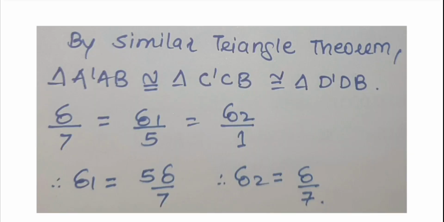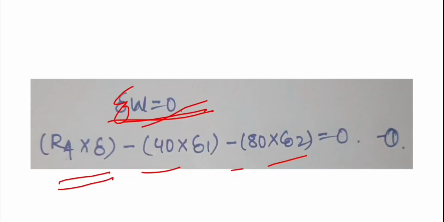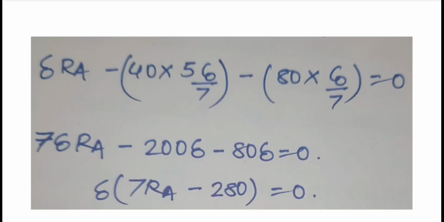But we know the values of delta 1 and delta 2, so we will put them in this equation. When we put the values of delta 1 and delta 2 in this equation, we get delta RA minus 40 into 5 delta by 7 minus 80 into delta by 7.